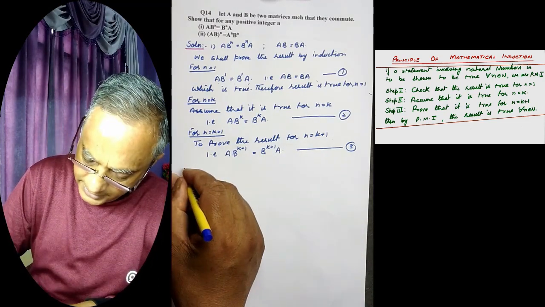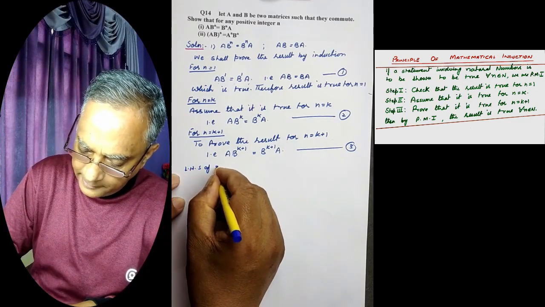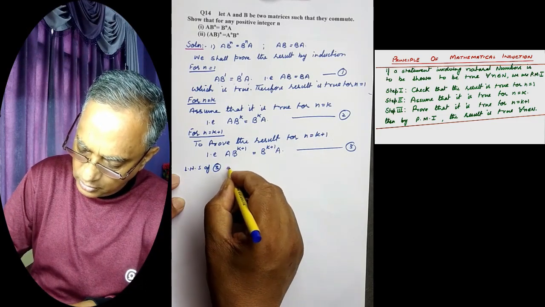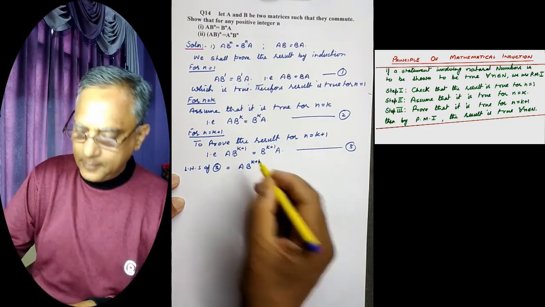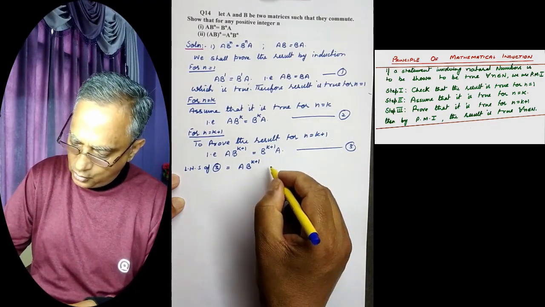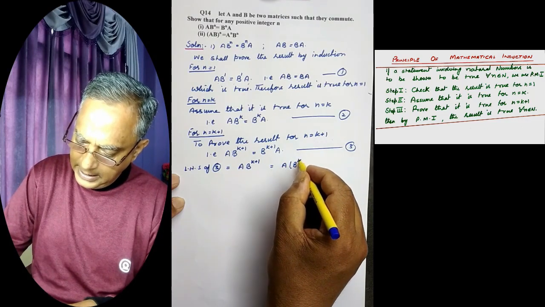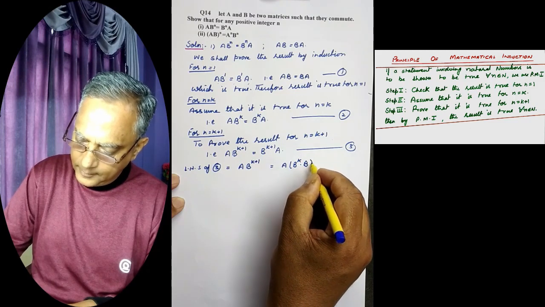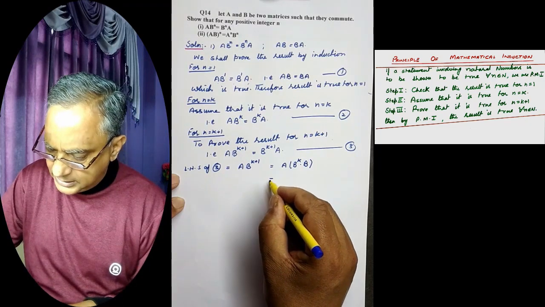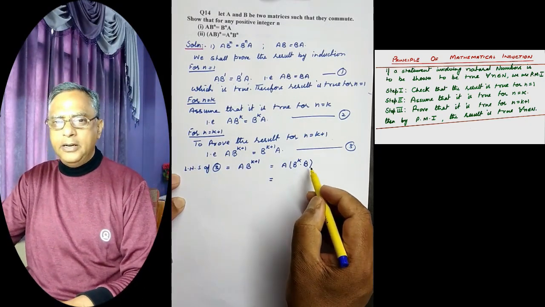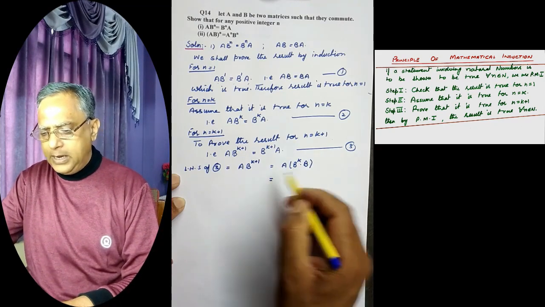Now I take up the left hand side of 3. Left hand side of 3 is equal to AB to the power of k plus 1. This is equal to A into B^k into B. And this is equal to, since associative law is true for matrix multiplication, these brackets can be moved anywhere.